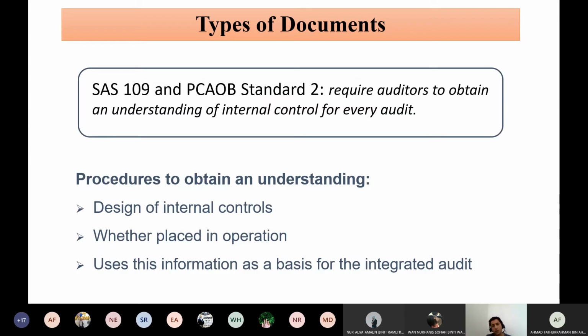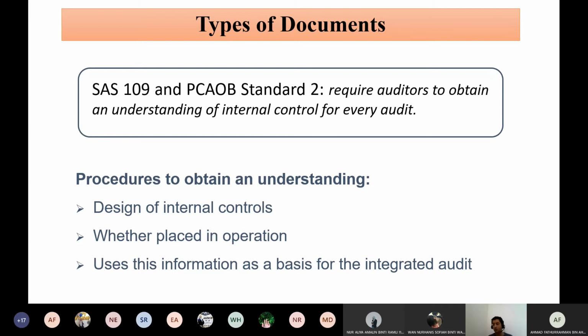Okay, according to SAS 109 and PCAOB Standard 2, auditors are required to obtain an understanding of internal control for every audit. This understanding should contain the design of internal control, whether this design is placed in operation, and the auditor also uses this information as a basis for the integrated audit.